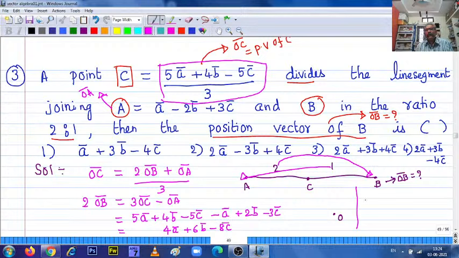Divide by 2 to get OB bar, that equals 2A bar plus 3B bar minus 4C bar. Yes, the fourth option is the right option. Right.